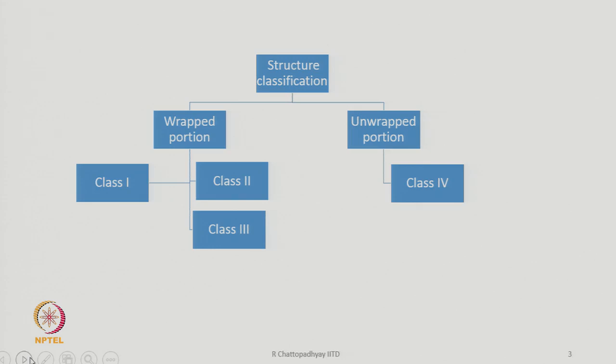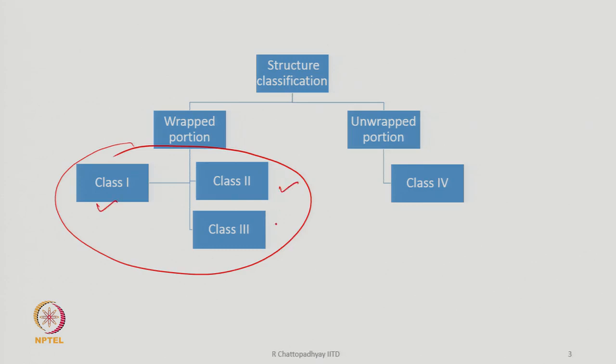Now, we will further classify the wrapped portion into three categories: class 1, class 2 and class 3. And the unwrapped portion will be called class 4. If we study the surface of the yarn, we will find that the wrapping portions are also not exactly the same.